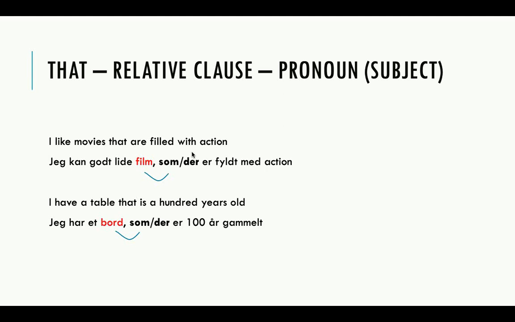If you are writing several relative clauses in a row, it is normal that you change between the two simply to make the phrase a bit more alive, so you're not repeating the same pronoun over and over again.